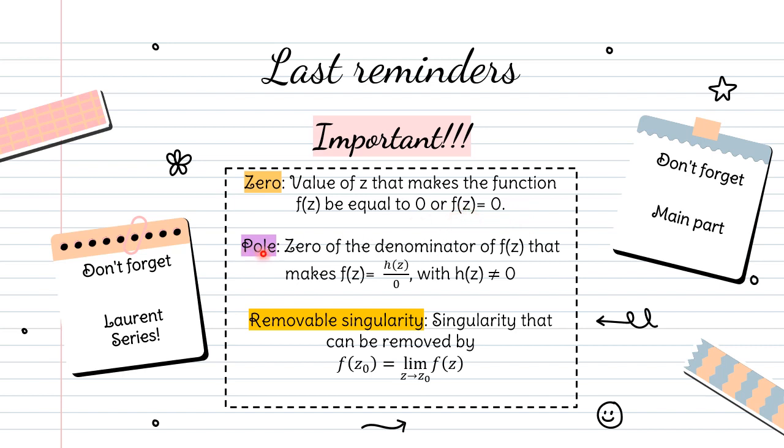A pole is a zero of the denominator of f of c that makes f of c equal to h of c divided by 0, with h of c different from 0, okay? So a removable singularity is, as the name says, a singularity that can be removed by using this following formula.